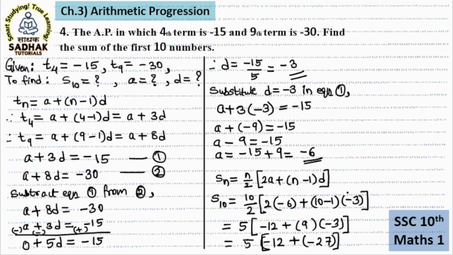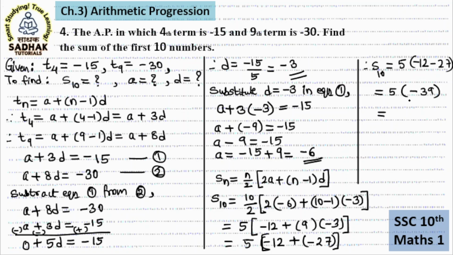Let me put a square bracket here. Therefore, it is not Sn, it is S10 that we are finding. So S10 is equal to 5 bracket minus 12 minus 27. That will be equal to 5 multiplied by minus 39.